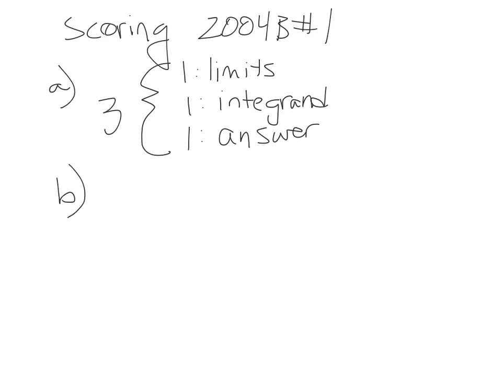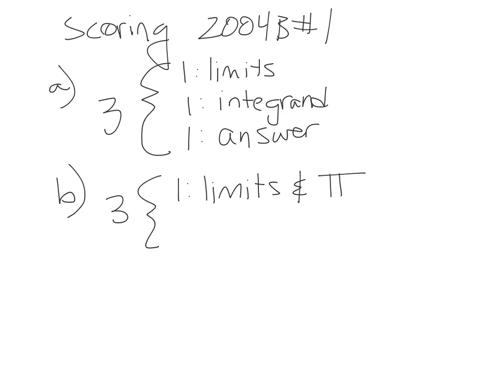On part B, it's also worth 3 points. You get 1 point for having the limits and for having, they call it the constant, but the constant we're talking about is pi. A lot of the time on the scoring guidelines, they pull the pi out in front of the integral symbol.